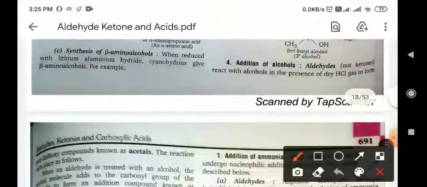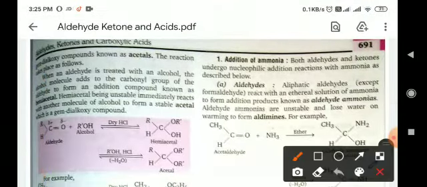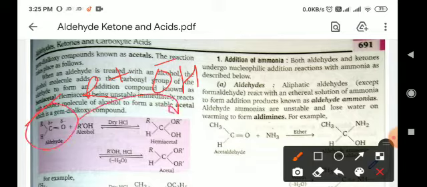Next, addition of alcohols. How will alcohol add to this carbonyl compound? So aldehyde and ROH, as we know the carbon is positive and the oxygen negative, and ROH will break into R plus and OH minus. Opposite charges will go and add to this and give this addition product, which is known as the hemiacetal.